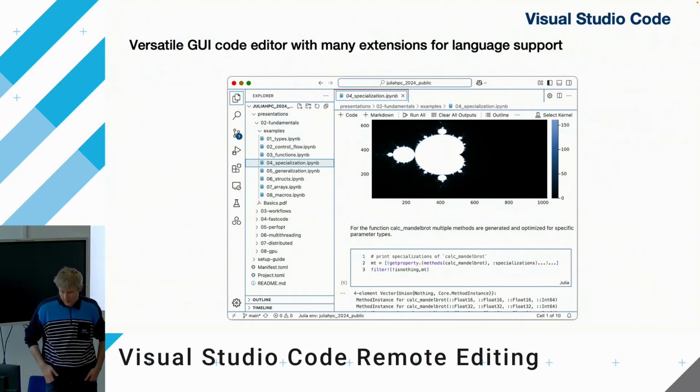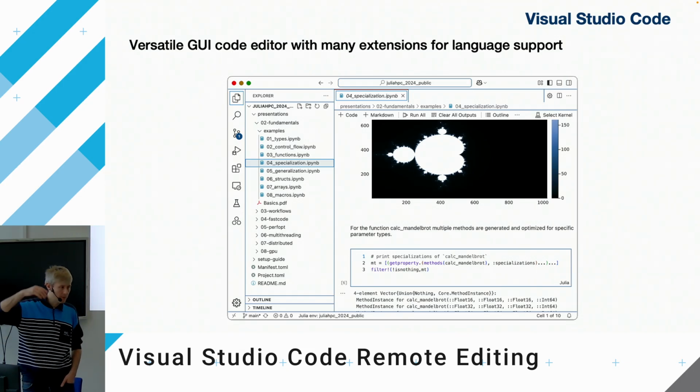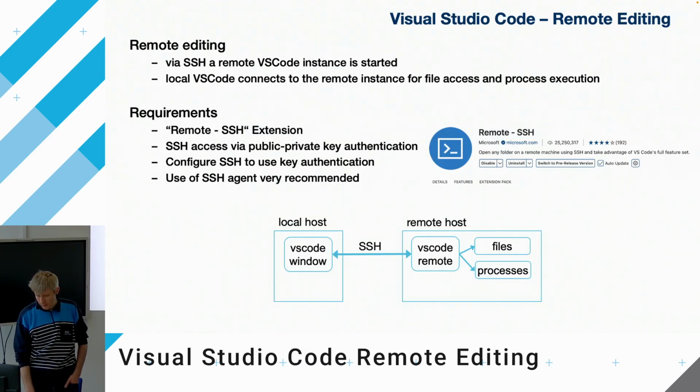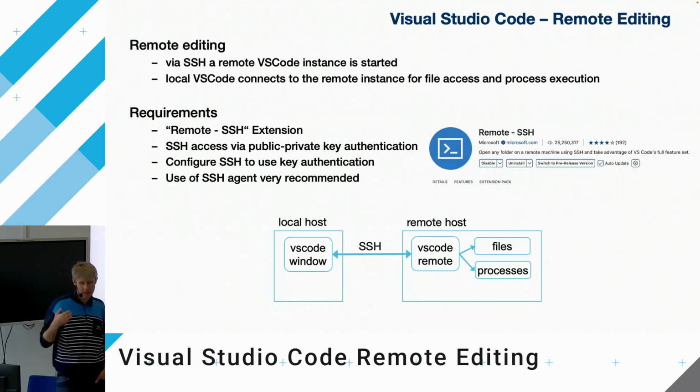Now you know VS Code as a versatile GUI code editor with plugins that add support for different languages and so on, with a lot of features. Now, if you want to use it also on the cluster, you don't want to copy files back and forth again.